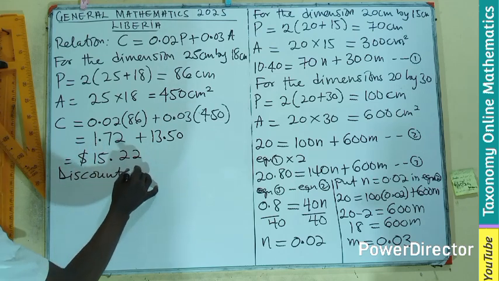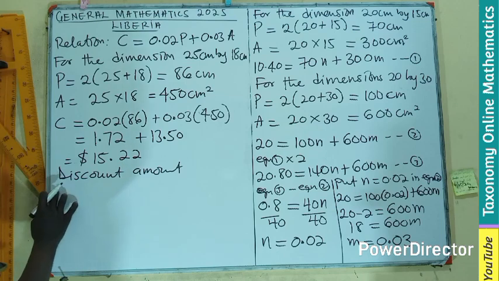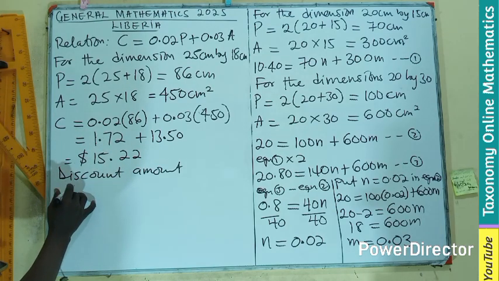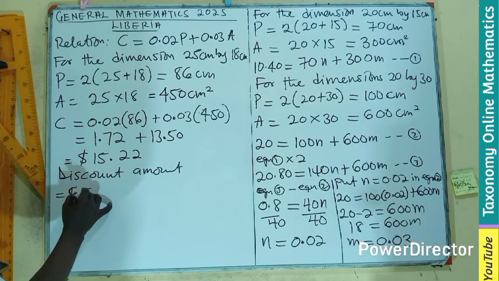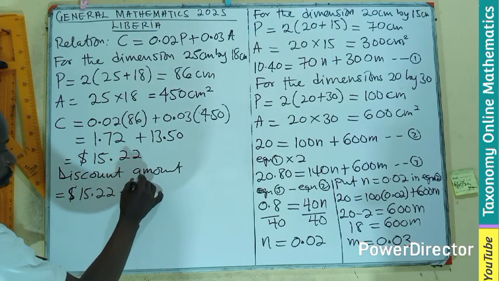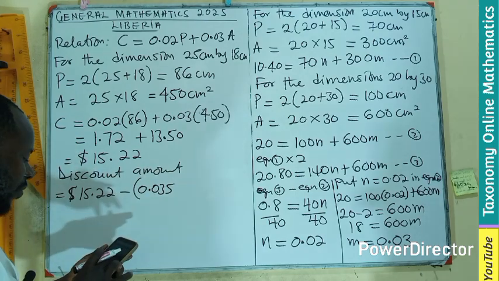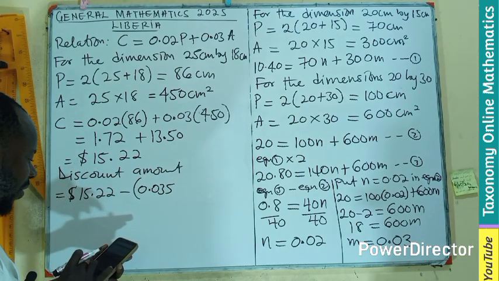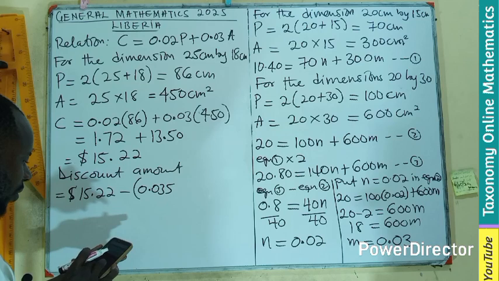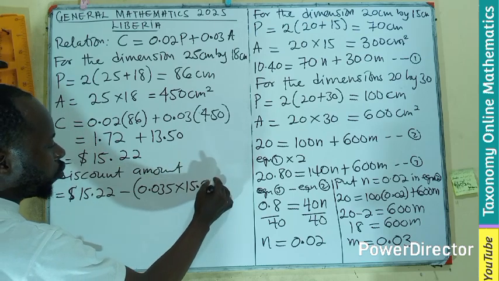So therefore, let's leave it here and say dollars, and go for the discount amount. We have the cost, 15.22, minus the discount allowed, which is 3.5%, that is 0.035, multiplied by 15.22.